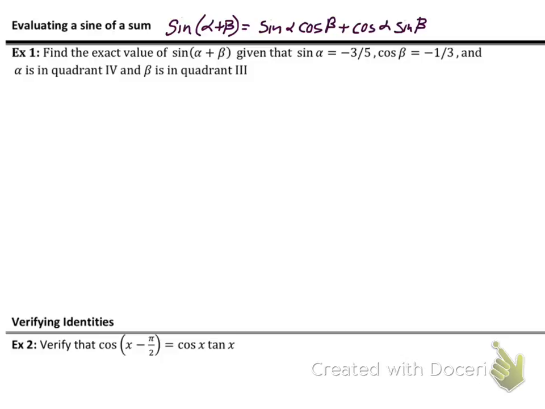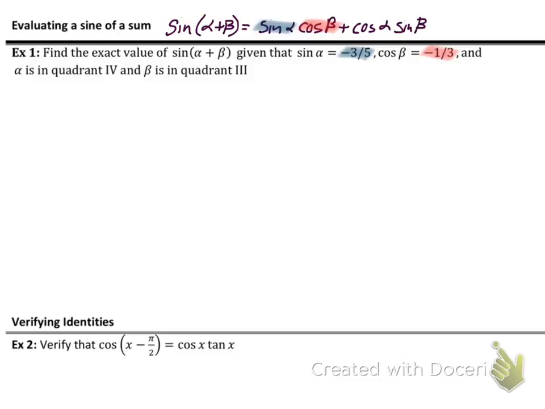Well, guess what? We know sine of alpha equals negative 3 fifths. So that means this sine alpha here is actually negative 3 over 5. I could plug that in right now if I wanted to. We also know that cosine of beta equals negative 1/3, so I could plug that in there.